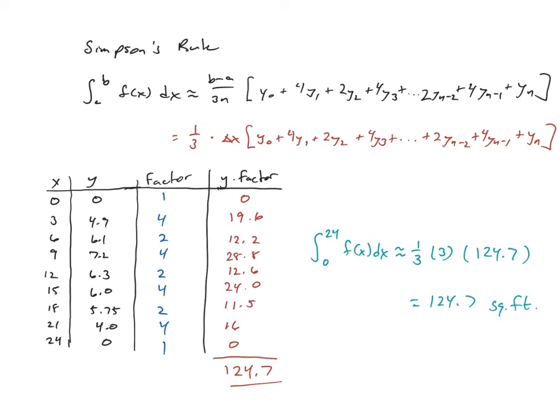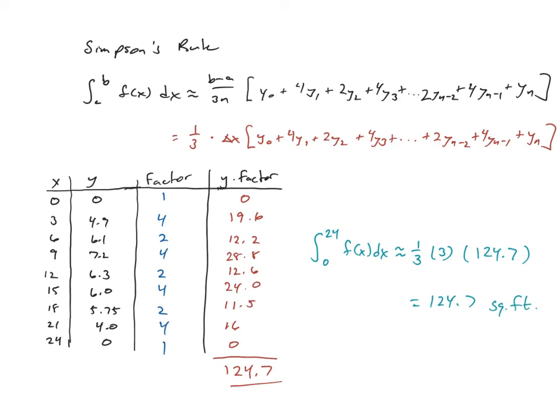My function is defined by a table of values, so I could approximate that definite integral using this. Also, if I were working with a function where I did not know the antiderivative, and it didn't fit any other integration techniques that we have, we could still approximate the definite integral using Simpson's rule or the trapezoid rule.